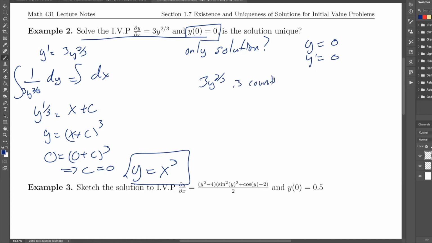However, if I take its partial differentiation with respect to y, not a d, but the del, I get 2y to the minus 1/3. This is not continuous at 0, right?